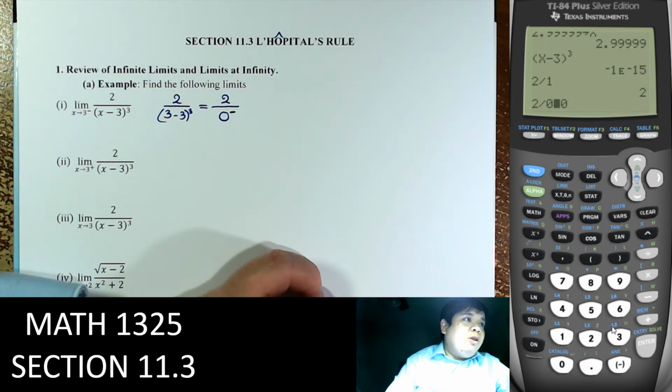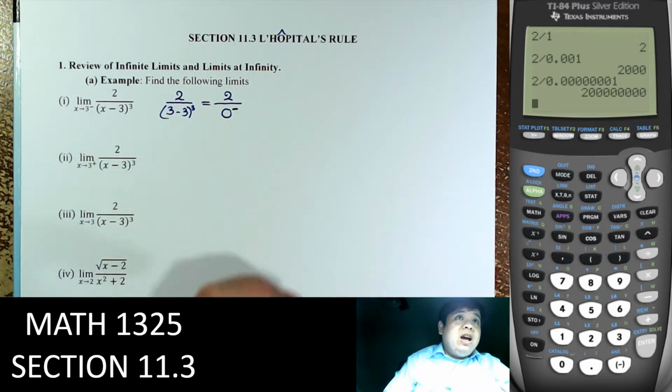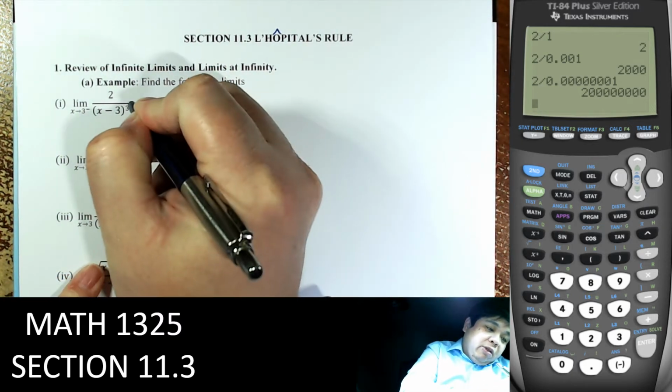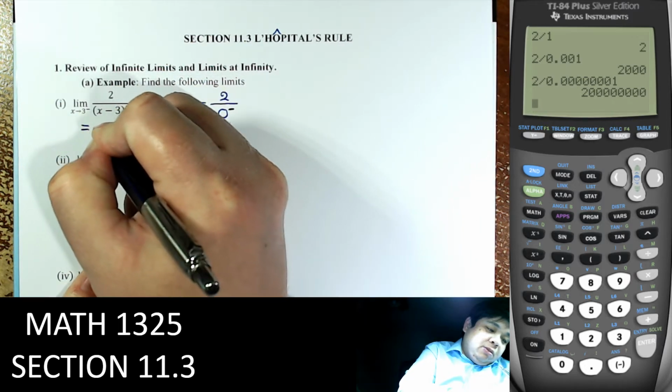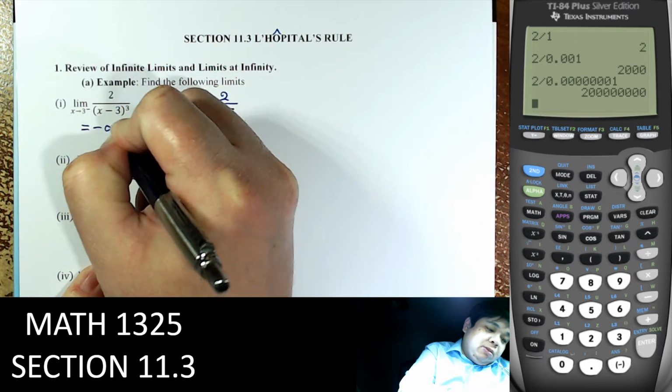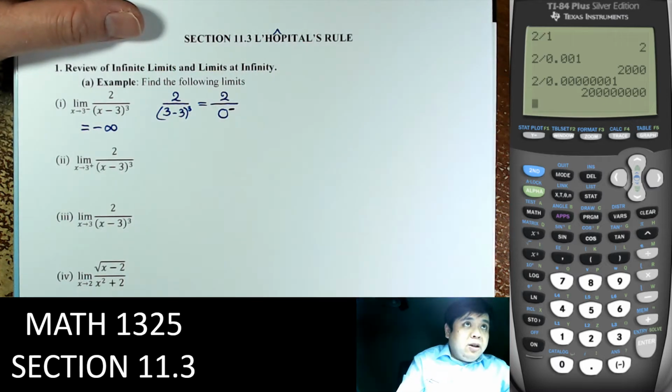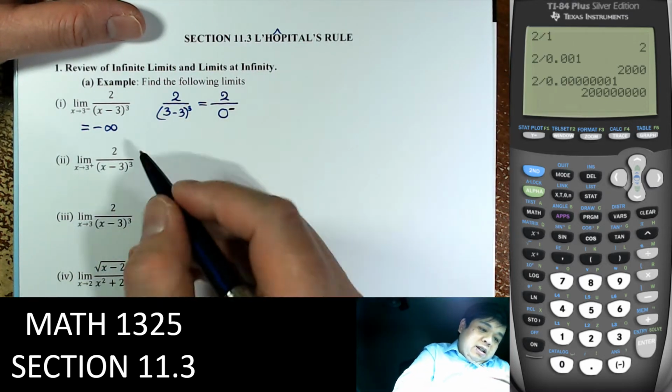The smaller the number we divide by, the bigger the number we get. But this time we have a negative, so this will be negative infinity.